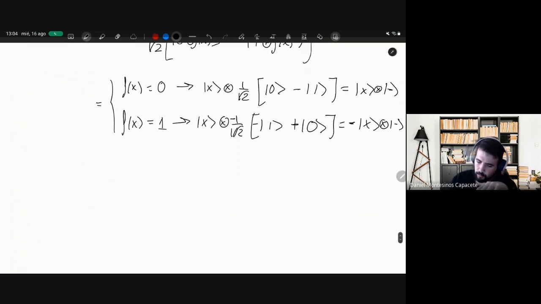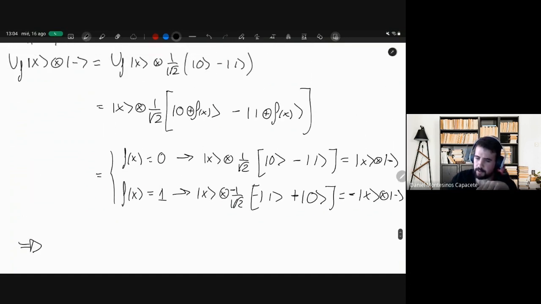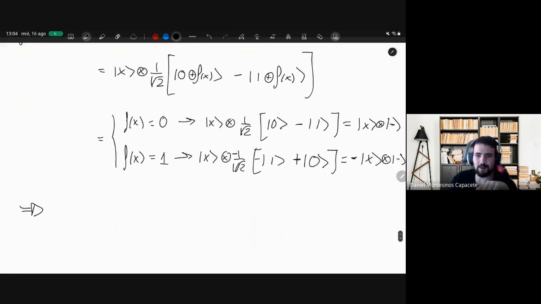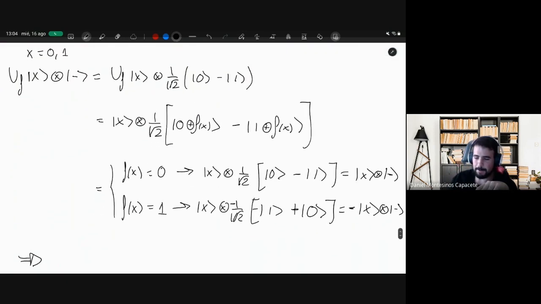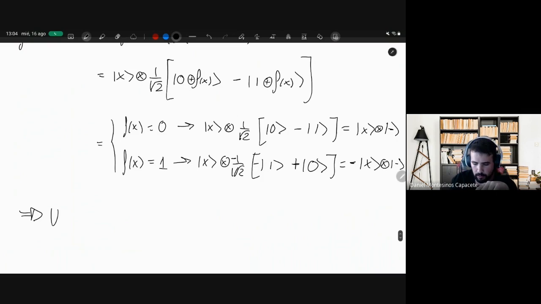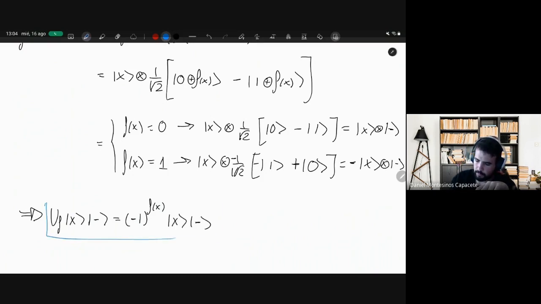So basically, what we have proved in this little calculation, I mean, the time is running out, we are reaching the end almost, is that we have this operator acting. We get minus 1 to the power of f of x, x minus. This is what we have proved here.